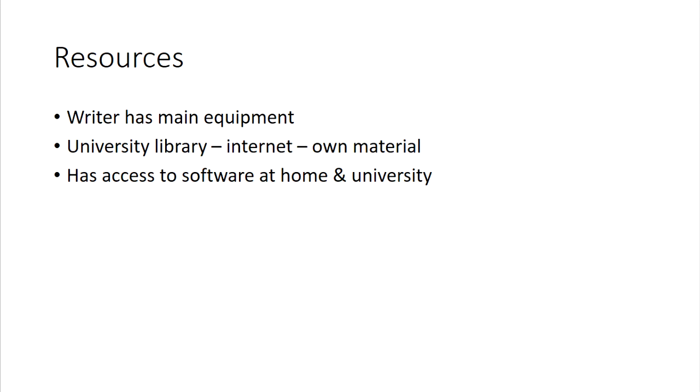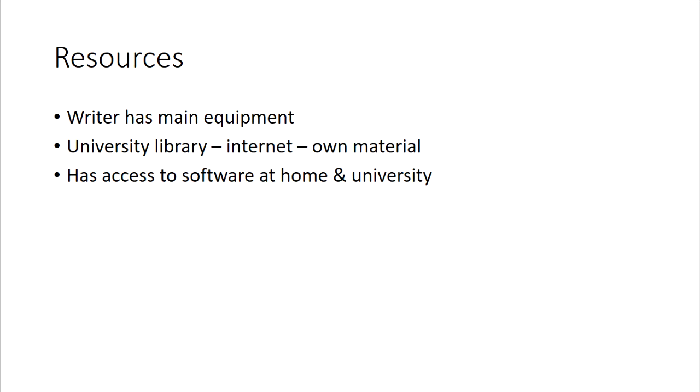Resources. The writer has the main equipment to write the dissertation at home, but if needed, the university resources are at my disposal to use. The writer has reading material at the university library and also the internet for any articles that would not be in books.